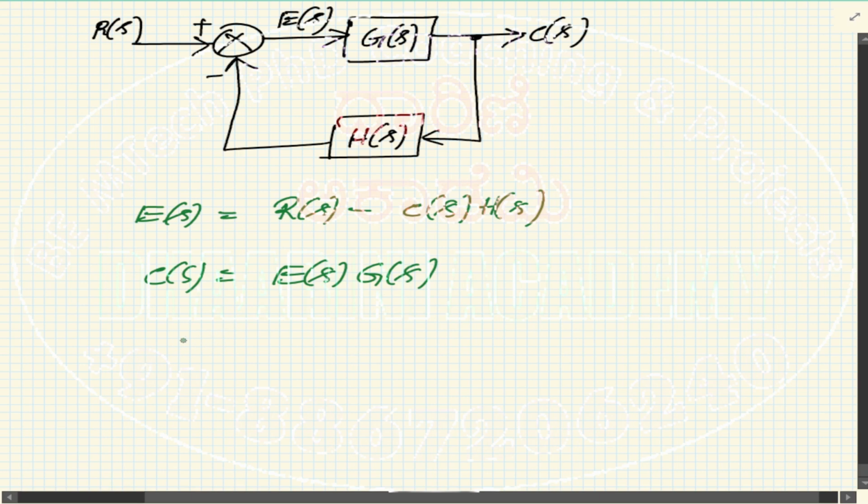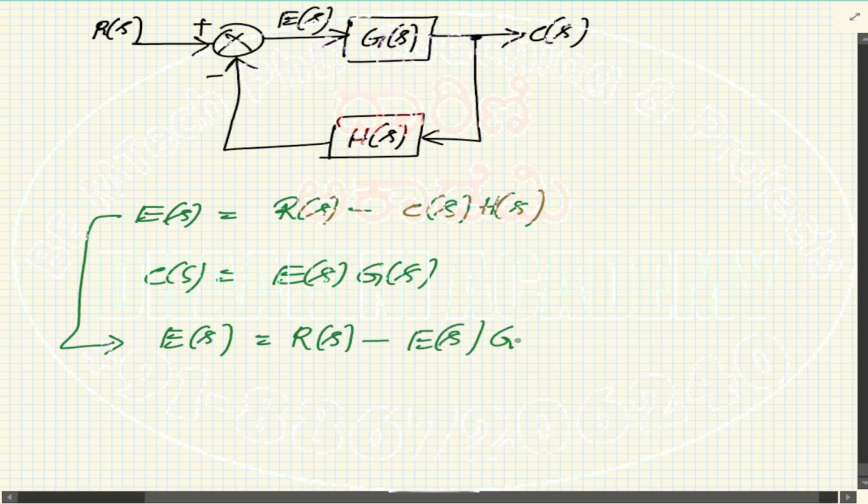Therefore, in equation number one I'll make a change. E of s is equal to R of s minus, instead of C, I'll write E once again, E into G into H.